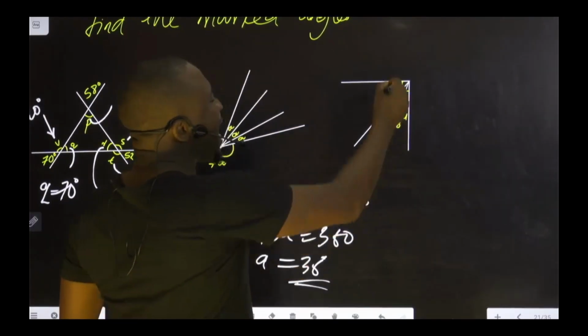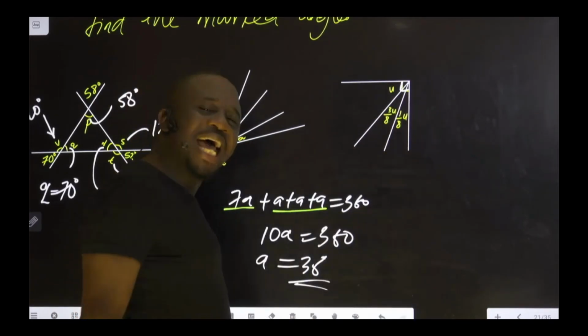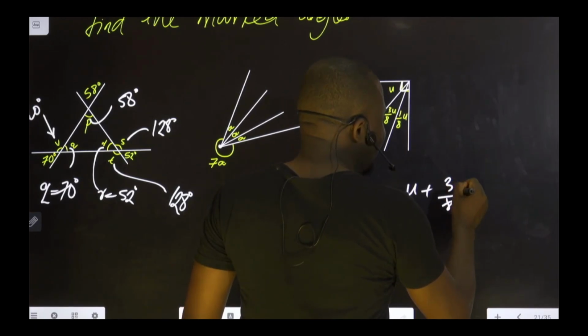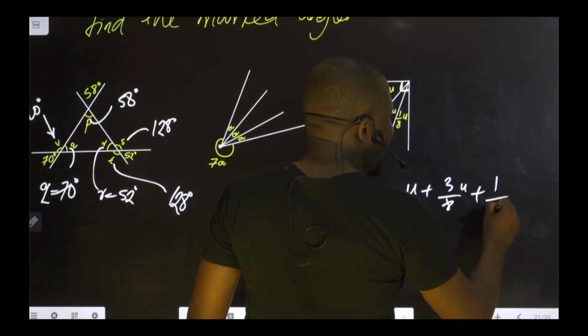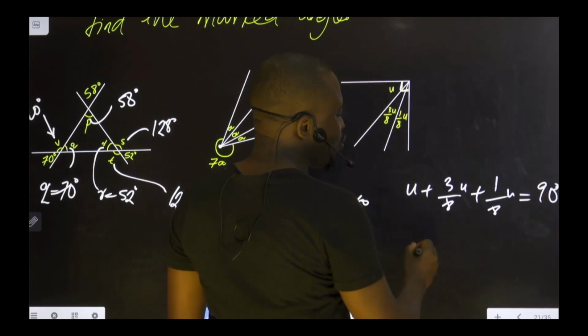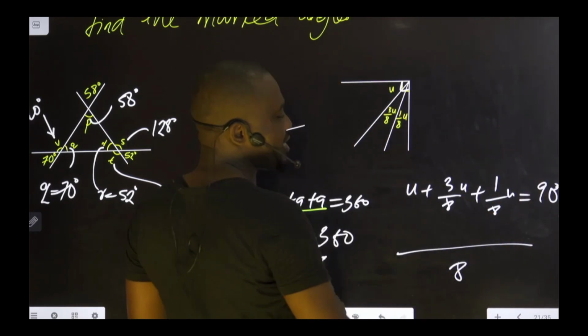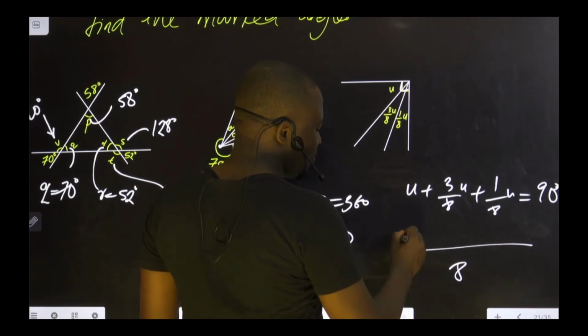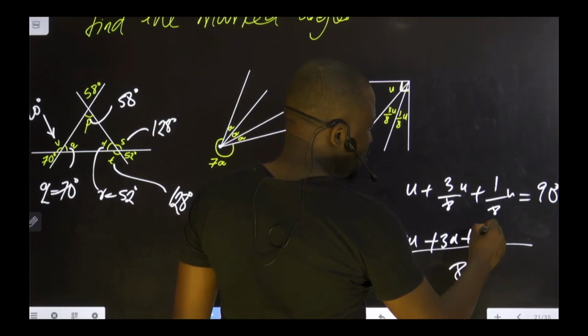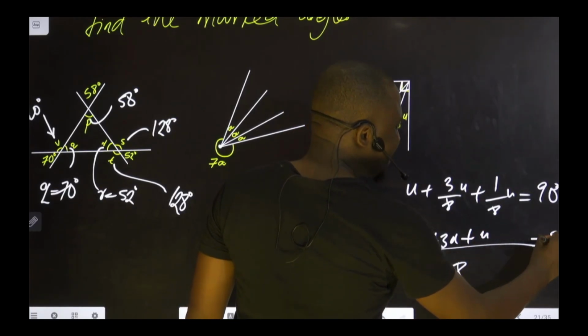Let's come to this place now. You agree with me that everything here is 90 degrees. Therefore, U plus 3 over 8 U plus 1 over 8 U is equal to 90 degrees. Okay, let's work on this. This is 8 as per LCM. This is 8U. This is 3U. This is U. Equals 90 degrees.